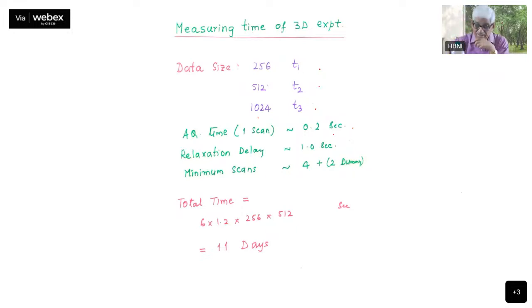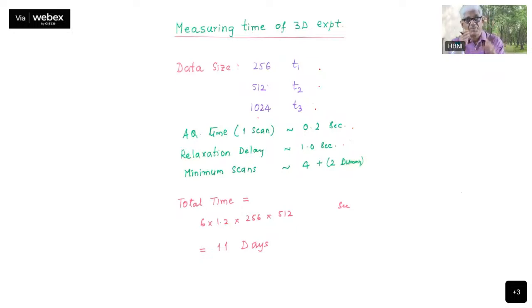Let us say you have a 1 second relaxation delay, and this will depend upon the T1 values or the T2 values; you have to optimize on that. If you are working with small molecules which have a relaxation time of about 0.2, 0.3 seconds or so, you have to give a 1 second relaxation delay for the system to come back to equilibrium completely.